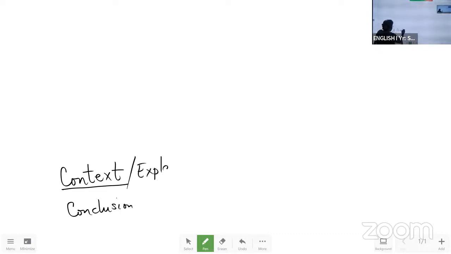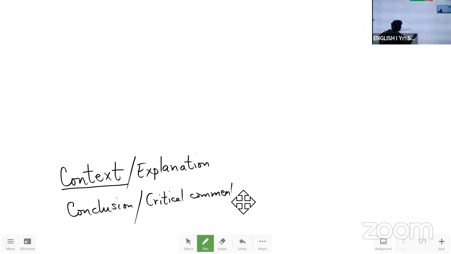But another thing I have noticed, many children, when you write explain, there is an I. But when you write explanation, there is no I. Spelling error is frequently made, children. So whichever you find easy, write that. Likewise, you can write conclusion, you can write critical comment, or general relevance.